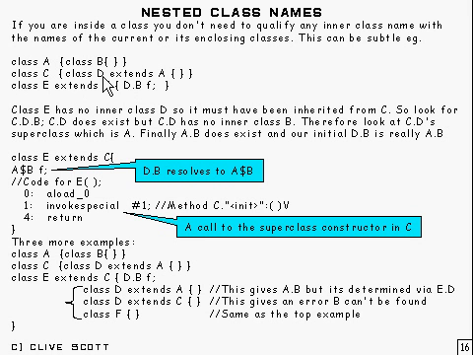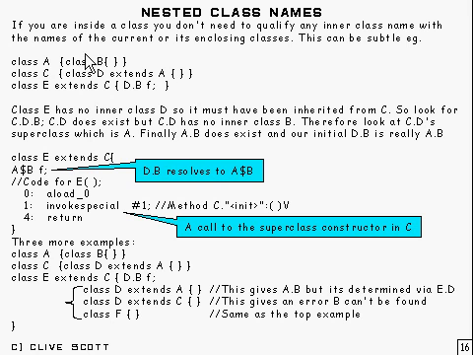But C.D, that class there, has got no inner class B. Therefore, what you have to do is look at C.D's superclass, which is A. So what you should be looking for then is A.B. Of course, A.B actually exists, and so your initial D.B is really A.B.